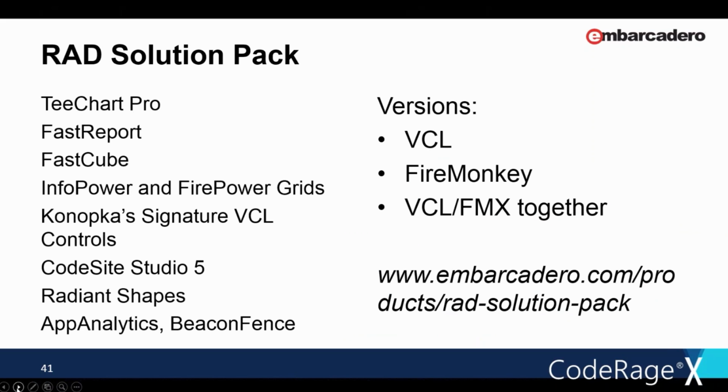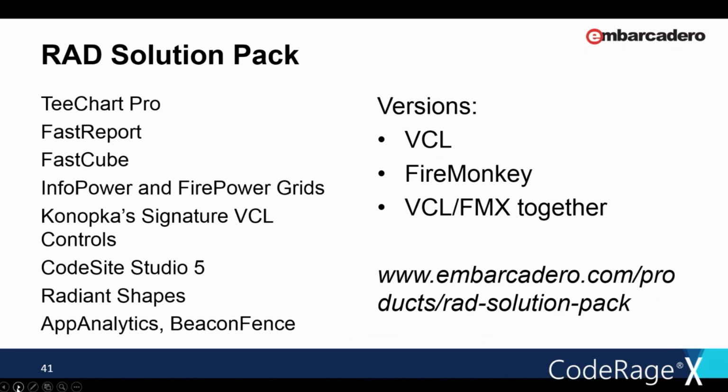The other thing that we just announced, and there will be a session later on to provide an overview, is the RAD Solution Pack. This is a collection of first-party components, or components we build, and components that are built by other partners in the industry, like Schema, Fast Report, Wall-to-Wall.